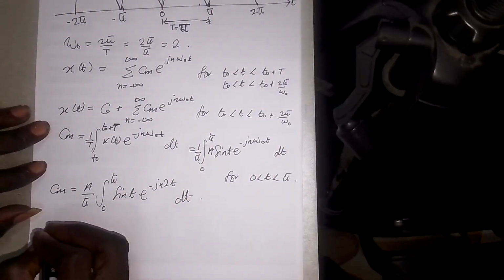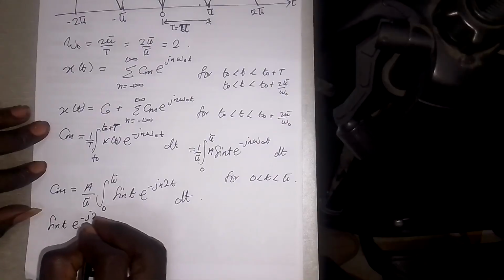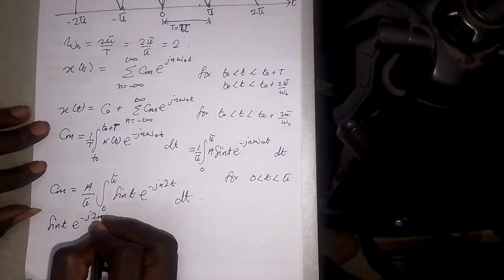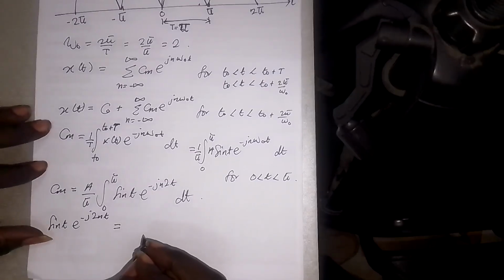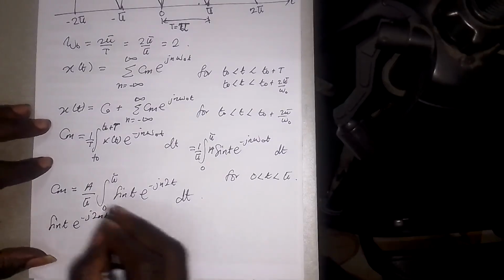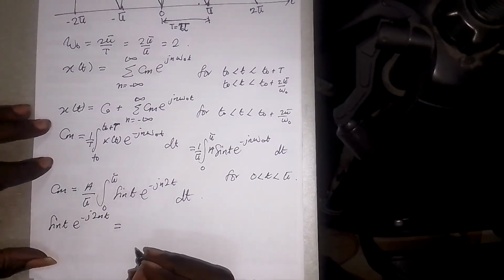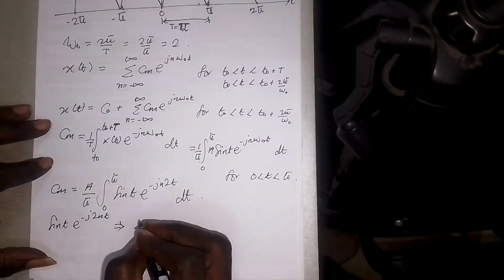So we know that sine t into e^(-j 2nt) is this particular trigonometric expansion. What we can do is expand it using trigonometry. So this is how we're going to do it.